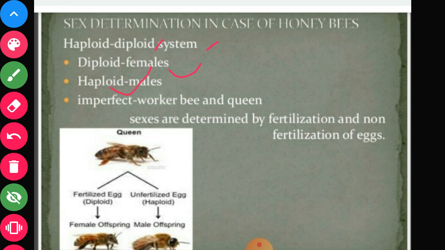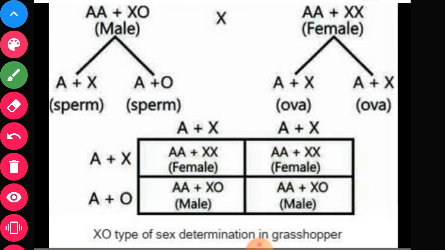This applies to worker bee and queen too. Sexes are determined by the fertilization and non-fertilization of the eggs. So this is very important. If the egg is fertilized, they develop into female, and if not fertilized, they develop into male. Here this is the mechanism of sex determination.